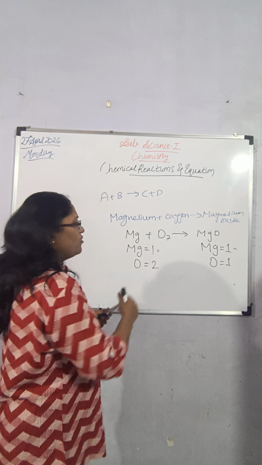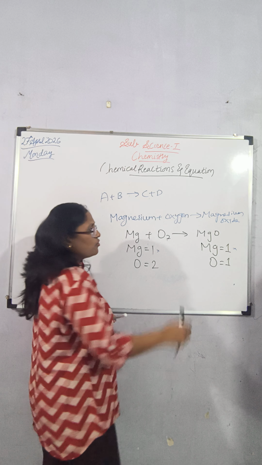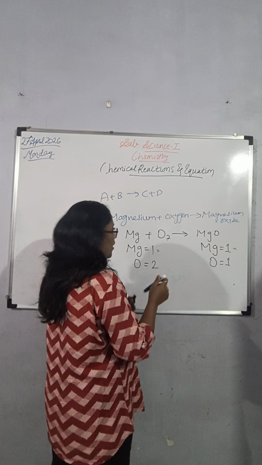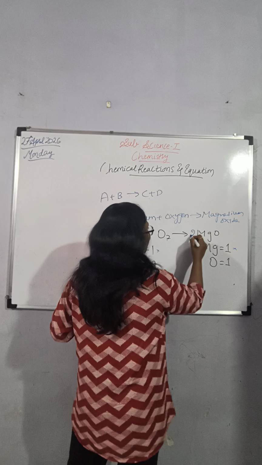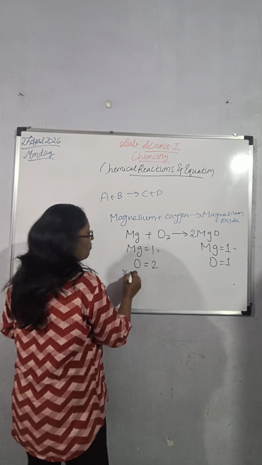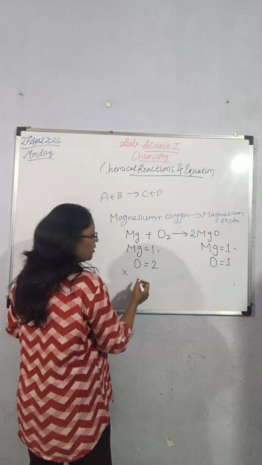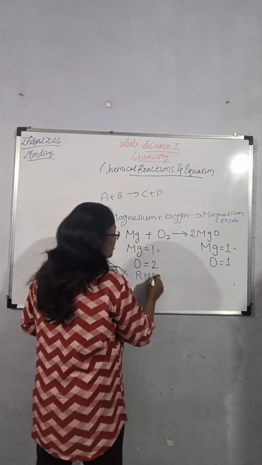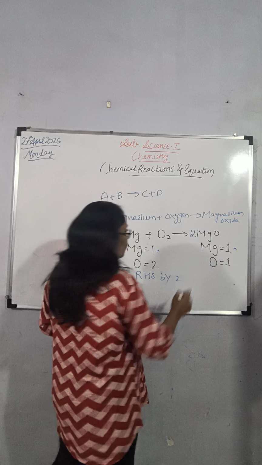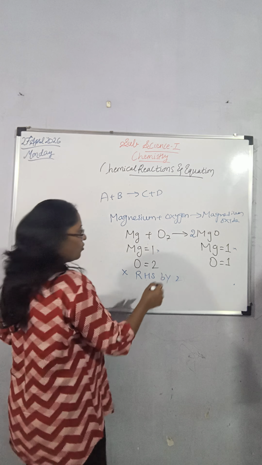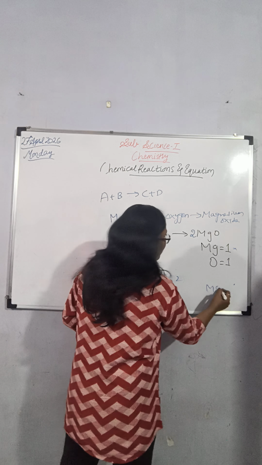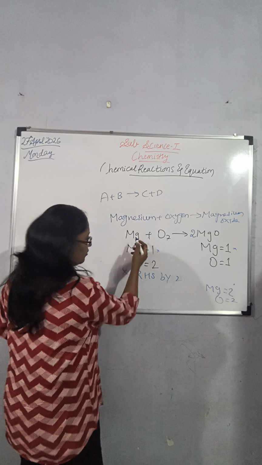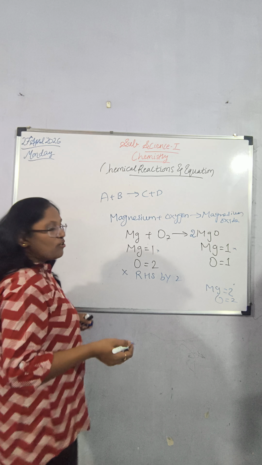We have to balance just oxygen. So when I multiply this by 2, multiplying RHS by 2, what do we get? Here magnesium becomes 2, oxygen becomes 2. Again it is not balanced.